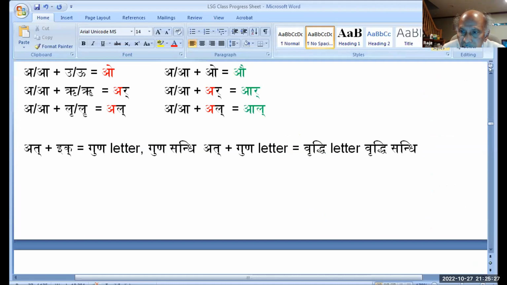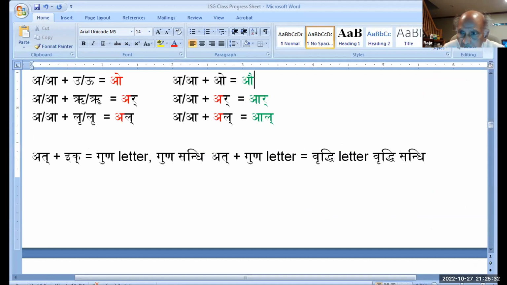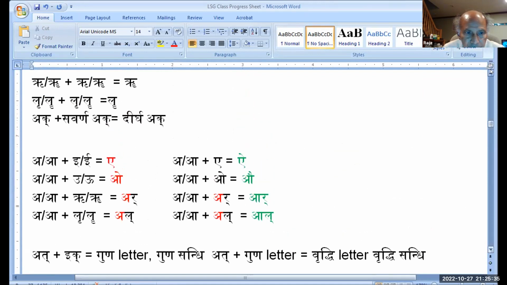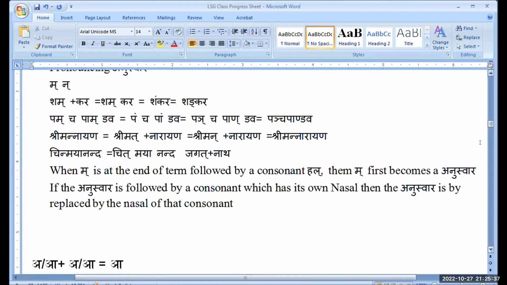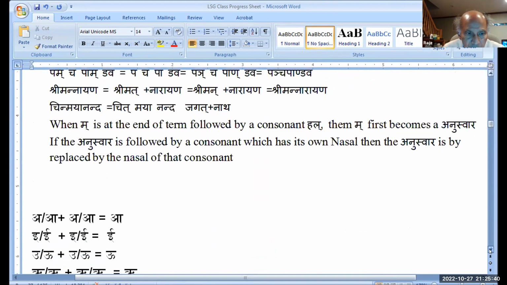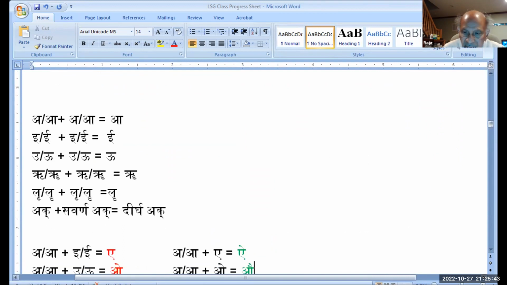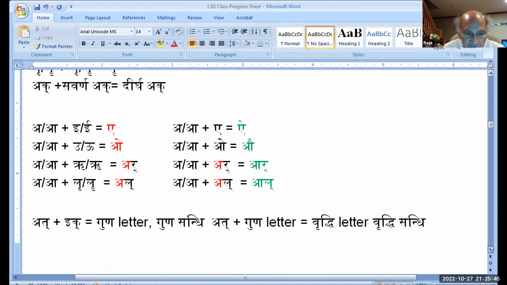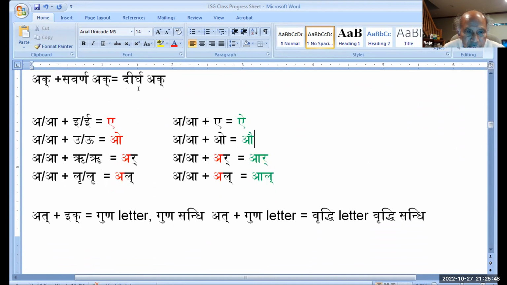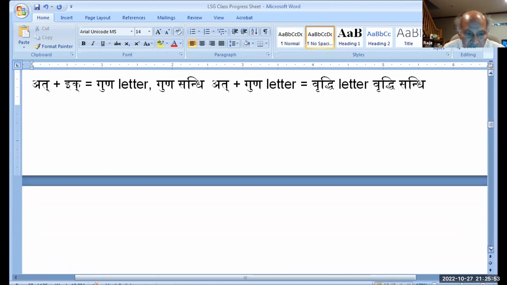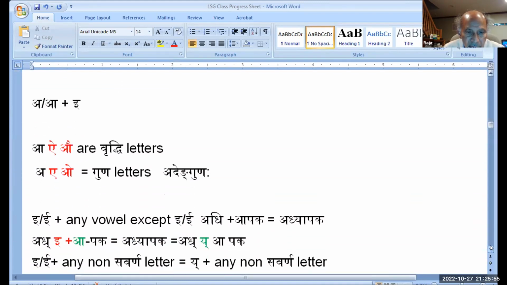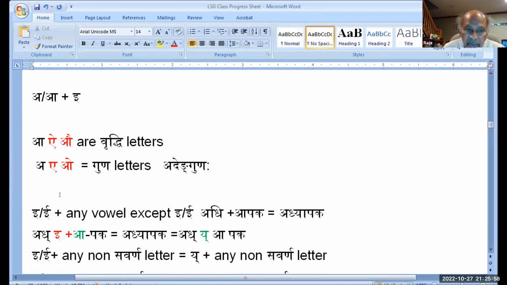What we did today is we reviewed the Savarna Dirgha Sandhi, the Guna Sandhi, and also the Vriddhi Sandhi. Then we reviewed the Yan Sandhi, because vowels are replaced by semi-vowels, so it's Yan Adesha Sandhi.